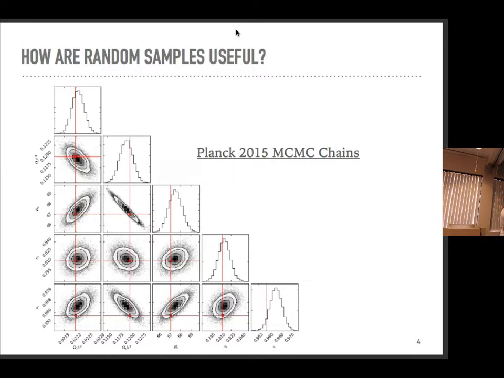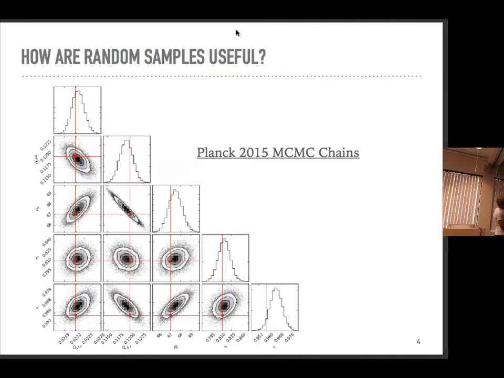It's hard to read here, but you have omega matter times h squared, omega baryon h squared, the Hubble constant, things like that. It's basically a file with columns for each of these cosmological parameters, and it's sampling the posterior, where the likelihood is the likelihood of the observations that Planck collected.